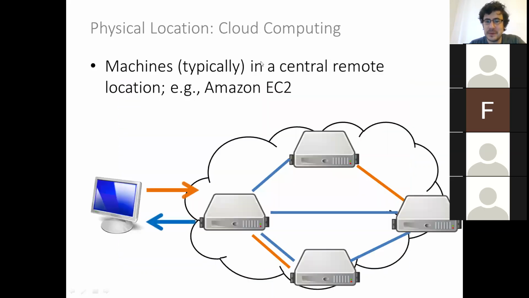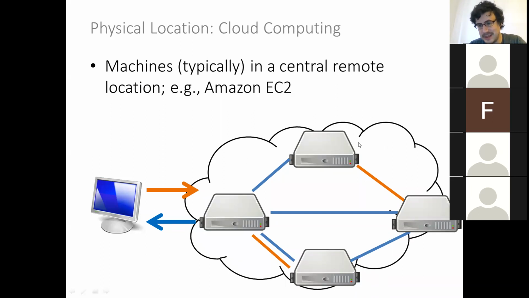The second type of computing would be known as cloud computing. This is where you have machines that are typically rented and are typically in a central remote location. An example of that is Amazon EC2, Google Cloud, and so forth. So what happens here is you have your client, but all these machines are in a remote location.